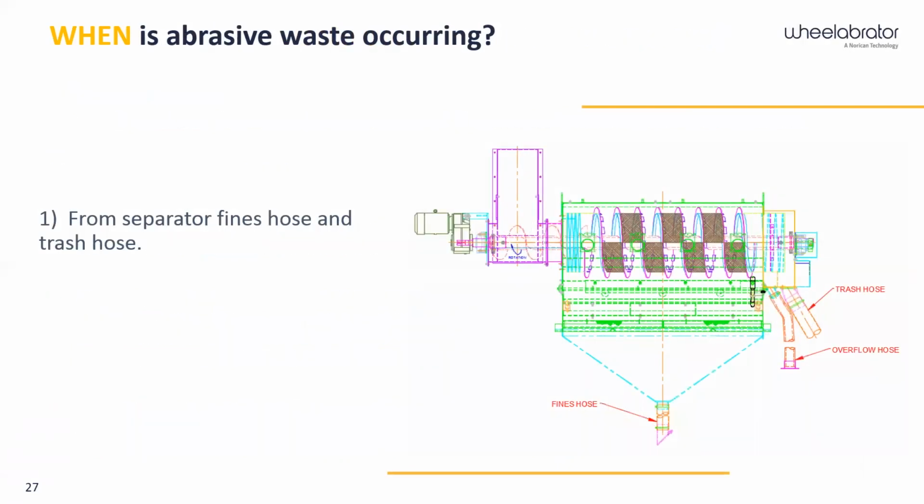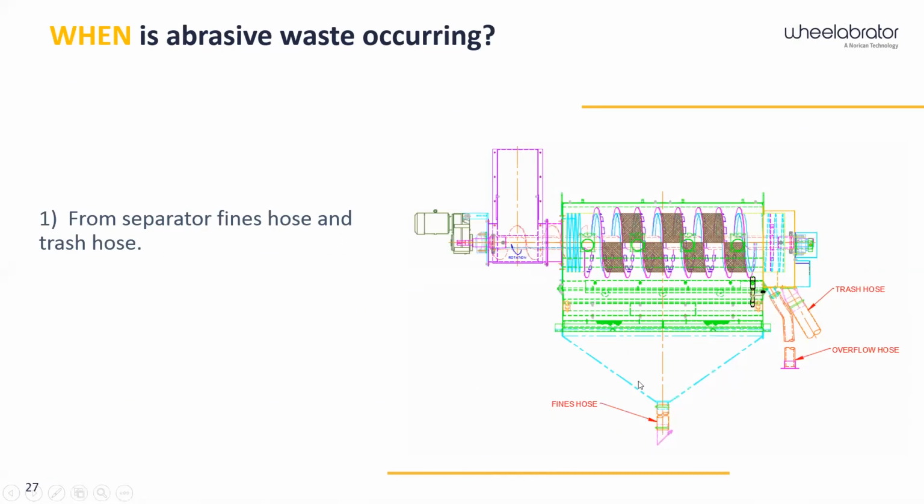Where is a lot of this waste occurring? One of the main areas it comes out of is the separator. The separator's up on top of the machines typically. There are lower level ones as well, but still it's more out of sight, out of mind. A lot of times you'll get abrasive coming out of your trash hose on the end of your separator, or possibly even your fines hose with your dribble valve on it.